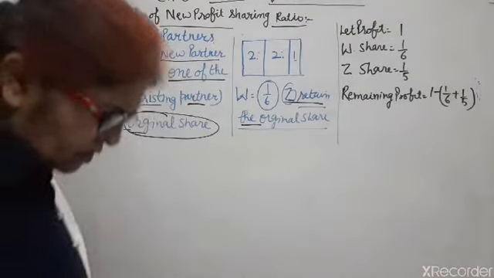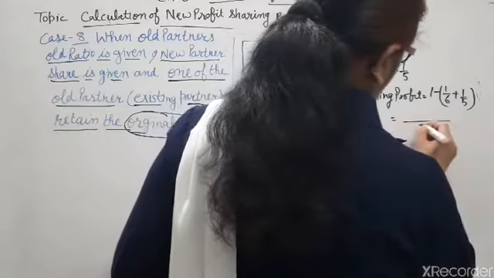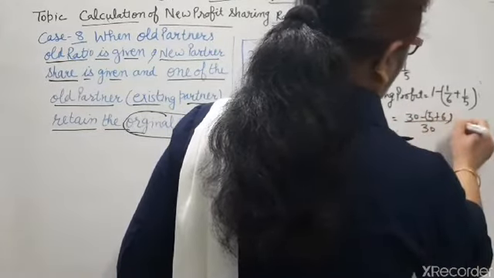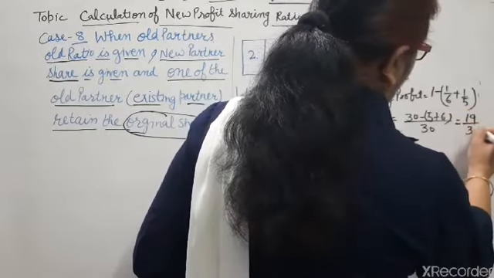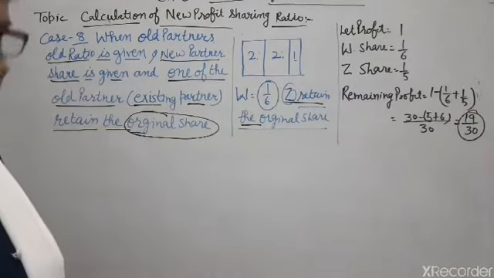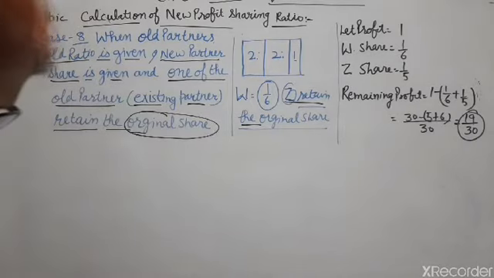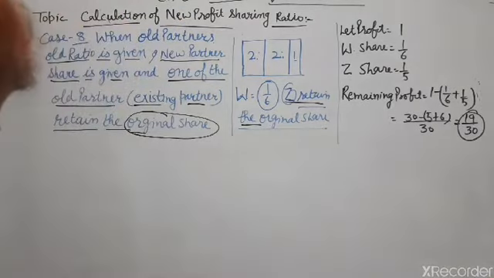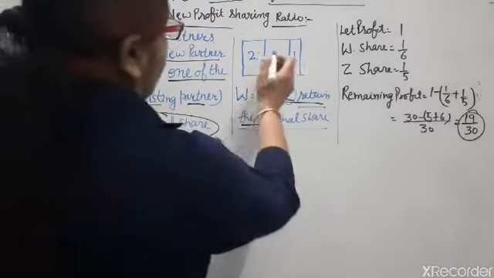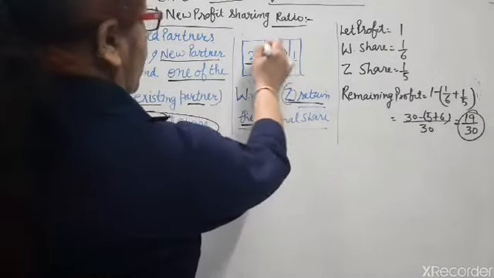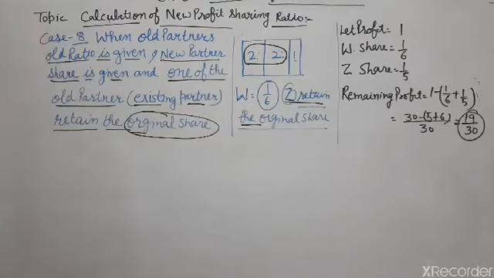Then the LCM is 30. The remaining part is 19/30. After giving the shares of W and Z, the remaining profit is 19/30. And this 19/30 is divided between X and Y in 2:2, because their old ratio is 2:2.